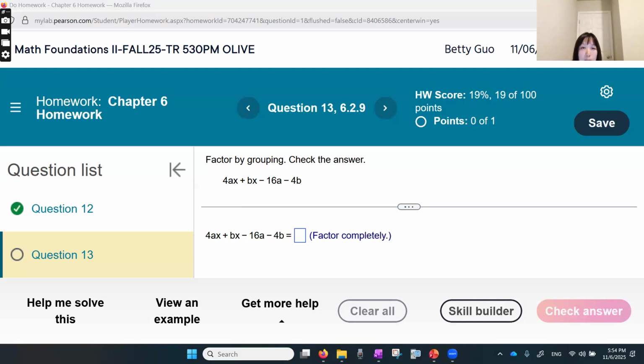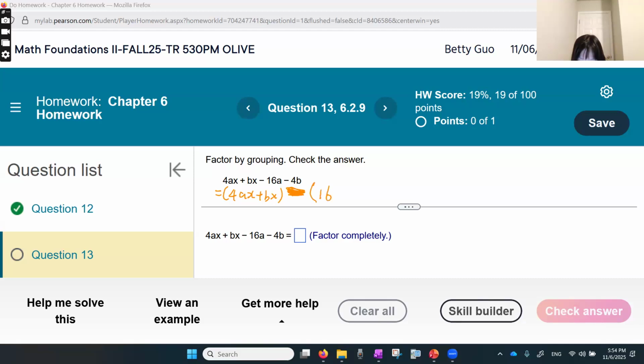So let's see number 13. We have to group this one because the last 2 terms are negative, right? So we're gonna write 4ax plus bx together. And then we factor the negative sign out.